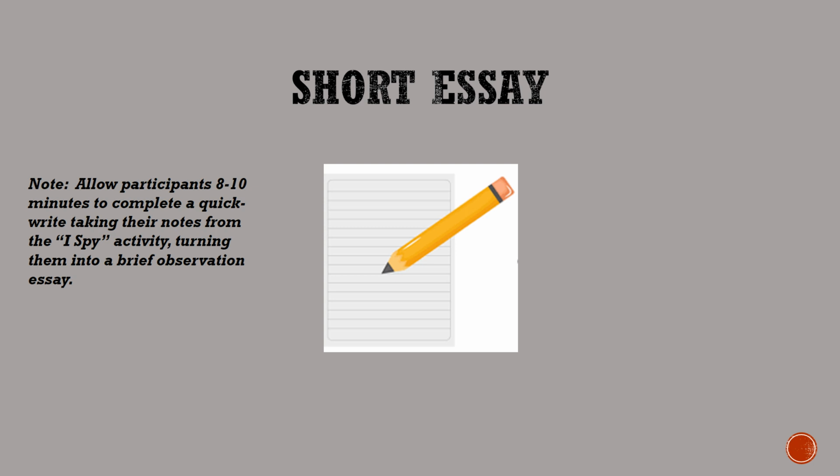So they take those ideas they jotted down quickly and turn them into more fully fleshed statements using specific verbs, adjectives, and nouns, words that really capture the person they observed. For about 8 or 10 minutes, I have students turn those ideas into this short essay.